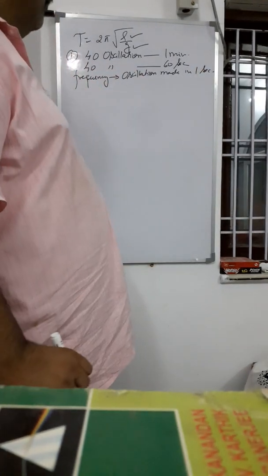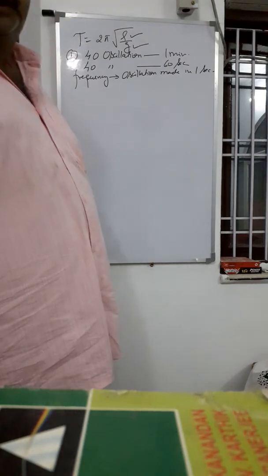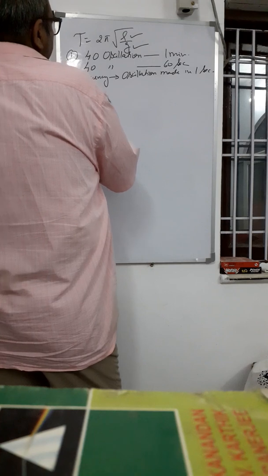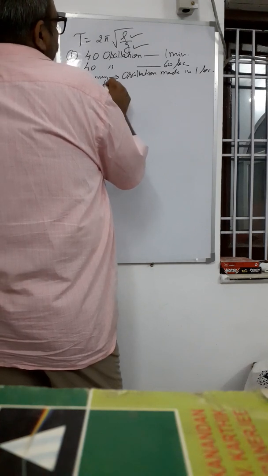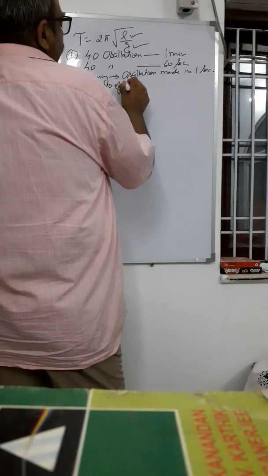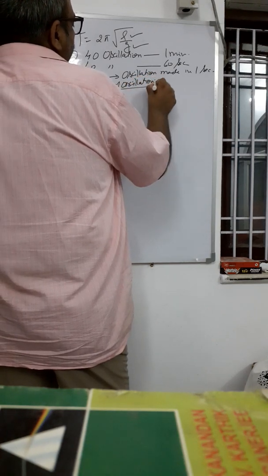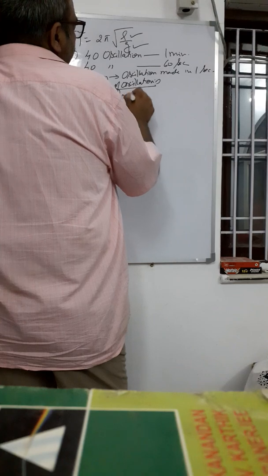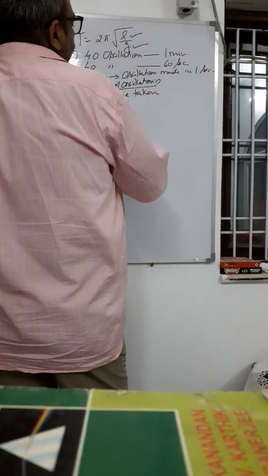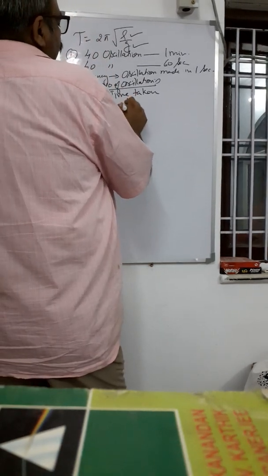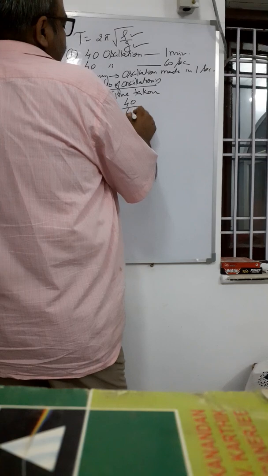So here how many oscillations are made? 40 oscillations are made. In how much time? So frequency will be number of oscillations over time taken. It will be better if you write the formula in words.